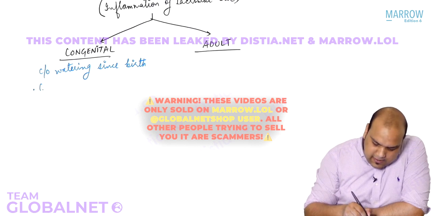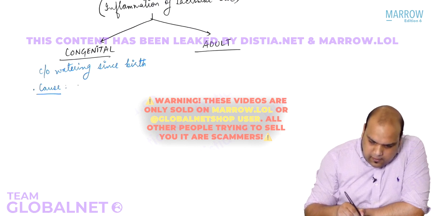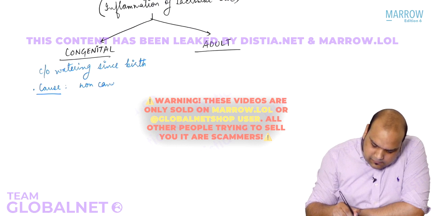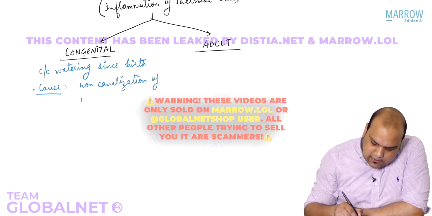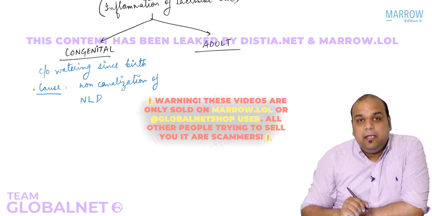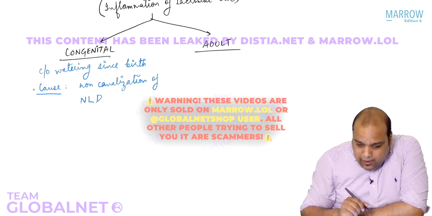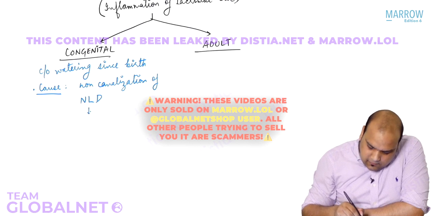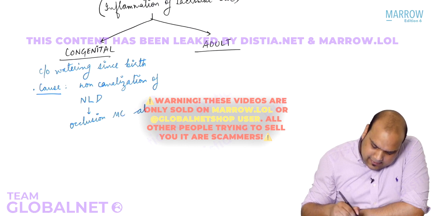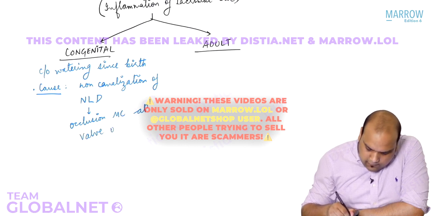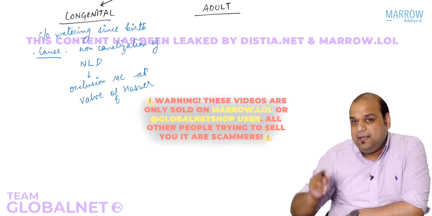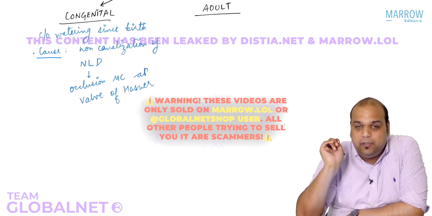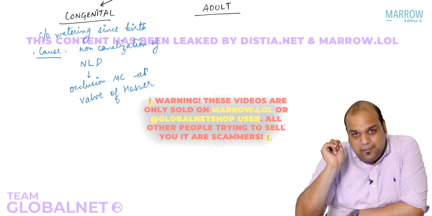The cause here is non-canalization of nasolacrimal duct with the occlusion most commonly at valve of Hasner. Am I clear? So the site of obstruction is actually the opening into the inferior meatus of nose.